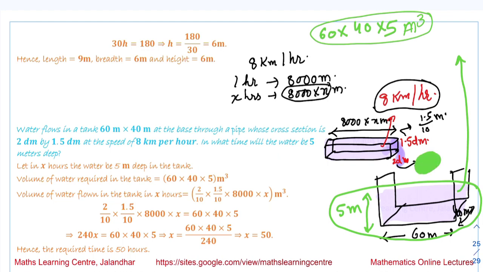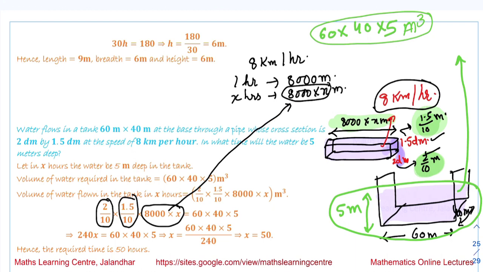This is the length, 8 by 10 is the breadth, and 1.5 by 10 is the height over here. So the amount of water that will flow over here will be 2 by 10 length, then 1.5 into 10, that is height over here, and this 8000 into X is telling us the length of this pipe, or the amount of how much water has traveled in X hours.